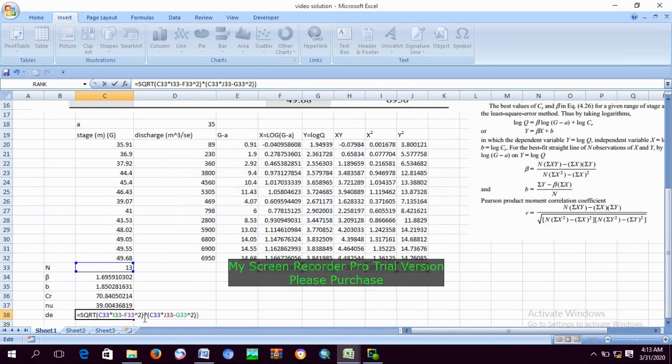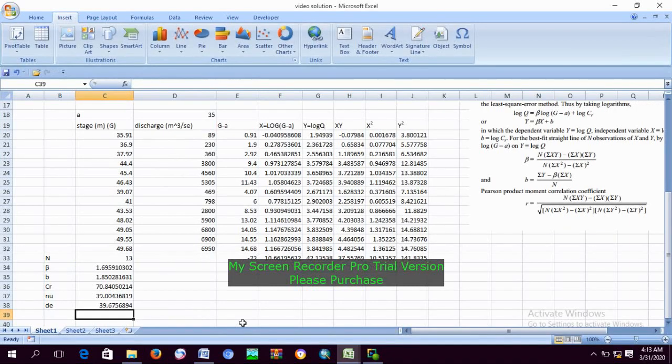This bracket is okay, and we can use another bracket inside. Then r is equal to this value over this value.